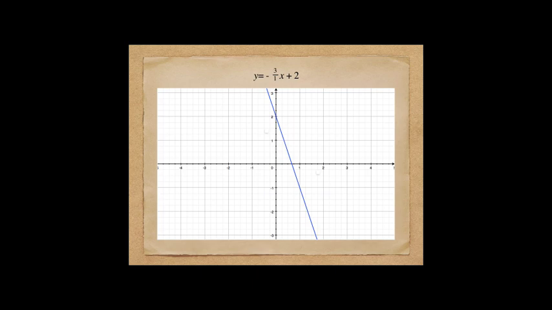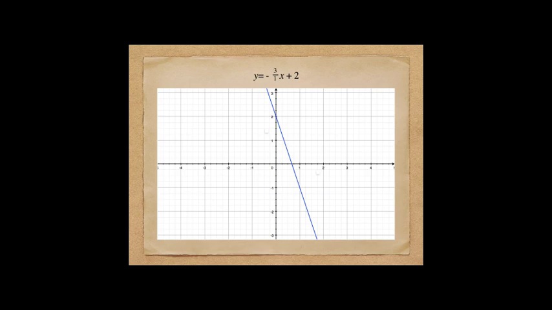This time it's a negative slope, so instead of going up, we're going to go down: down 3, to the right 1. We don't go down 3 and to the left 1 because that would be a negative divided by a negative, and that's a positive. We only have one negative here, so we're only going to go in the negative direction once.